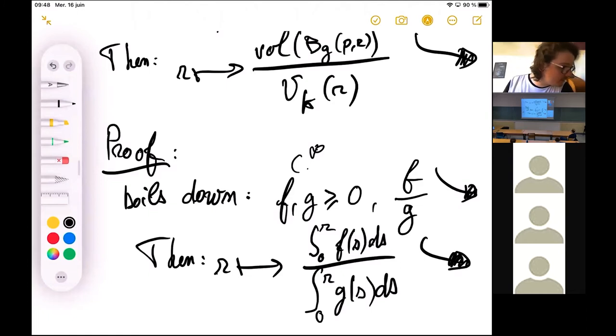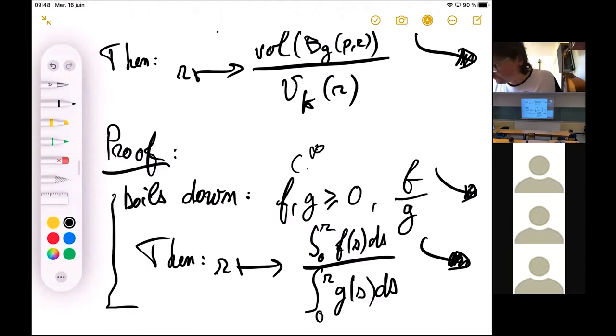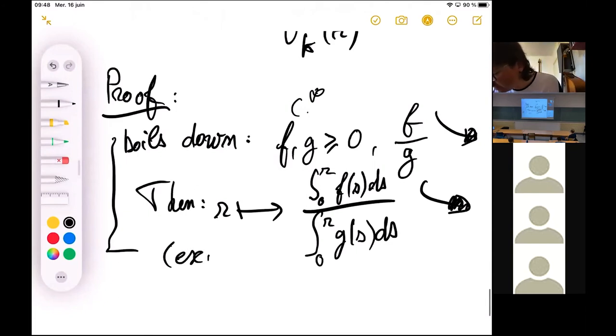The proof is just computing the derivative and writing it in a way that makes use of the fact that f over g is non-increasing. So I will leave that as an exercise. It's written in the notes.